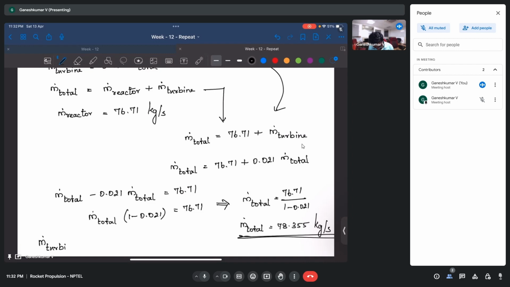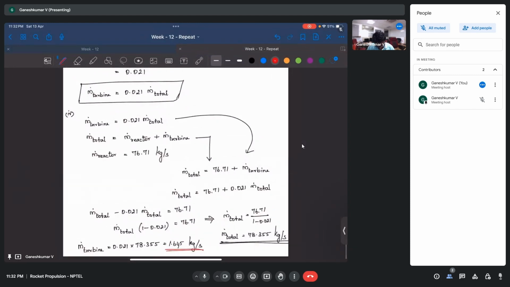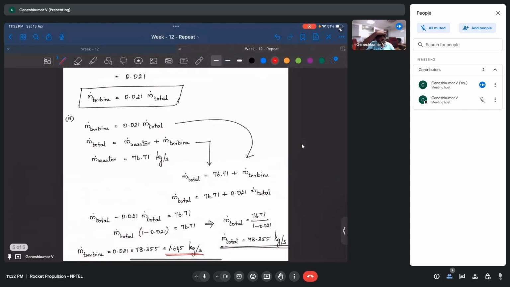M dot of turbine is nothing but 0.021 times the total mass flow rate, which is 78.355, which is going to be equal to 1.645 kg per second. This is the final answer. So this is the mass flow rate through the turbine, which we can obtain by simply manipulating these two equations.